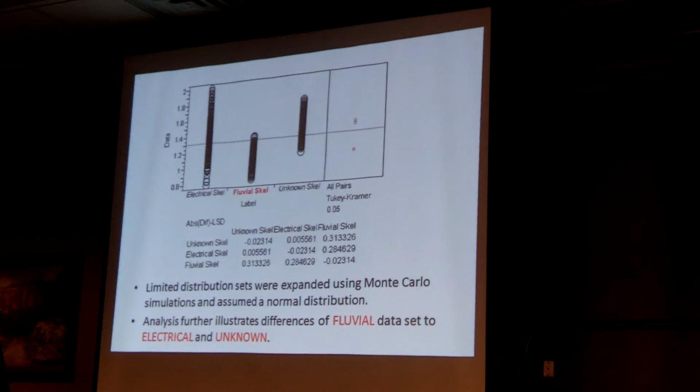Let's say I had a grad student that could do this for a full year, and they get 300 data sets, and let's see the statistical significant difference. And indeed, we get the same thing. We see that the fluvial skeletonized is indeed much more different than both the unknown skeletonized, or the geological landforms that I looked at, and the electrical events. So in other words, the landforms are more similar to the fractal dimension of an electrical event.